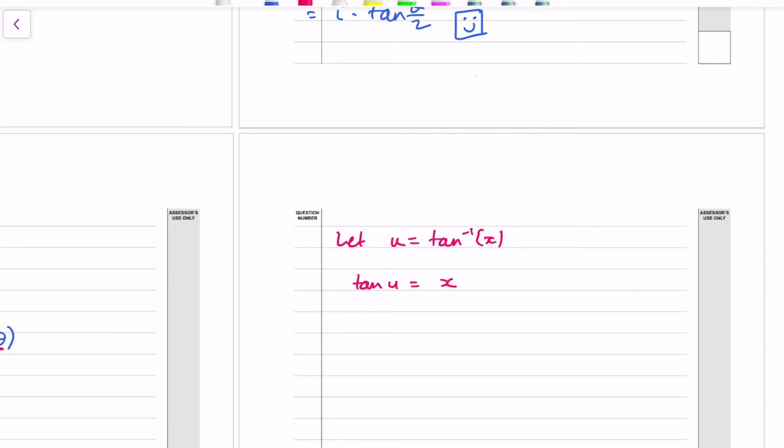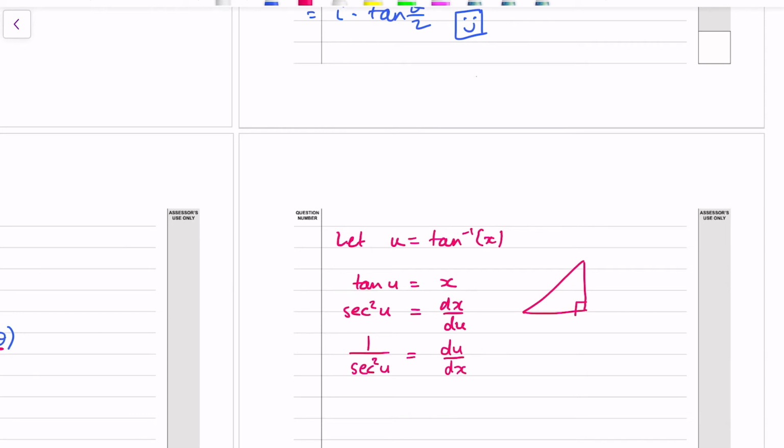And if I differentiate this, it's actually better to go dx du: the derivative of x with respect to u is sec squared u, and then I flip it upside down, du dx is 1 over sec squared u. That's the derivative of the arctan function. Make a triangle, hopefully with straight sides. Close enough.